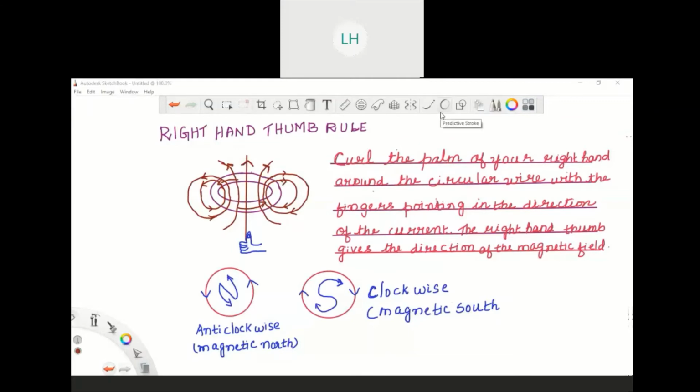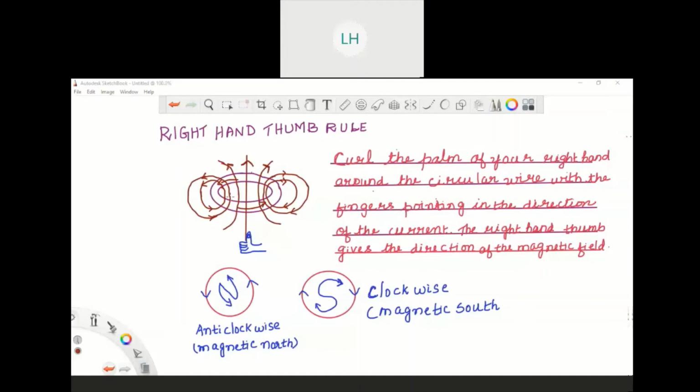The magnetic field lines due to a circular wire form closed loops. The direction of the magnetic field is given by the right hand thumb rule. According to the right hand thumb rule, curl the palm of your right hand around the circular wire with the fingers pointing in the direction of the current.